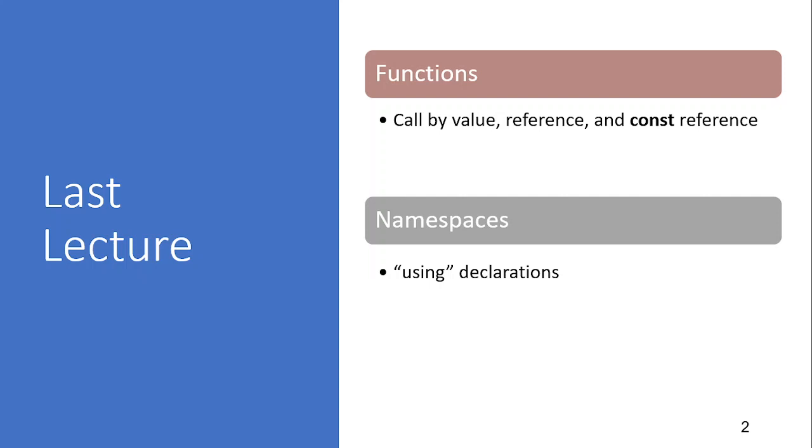One is called by value, the other is called by reference, and we said that we shouldn't always be using call by reference. We should only be using call by reference when it is absolutely necessary. Call by reference is when you call a function and pass the arguments in the form of references or addresses.